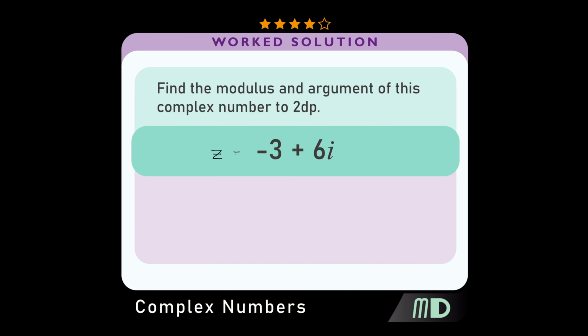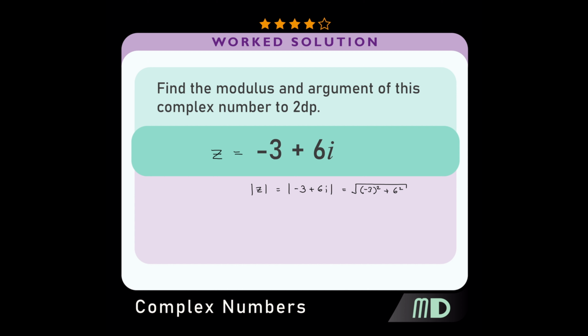The modulus of z is equal to the modulus of -3 + 6i, which is equal to the square root of (-3)² + 6². And (-3)² is 9, and 6² is 36.